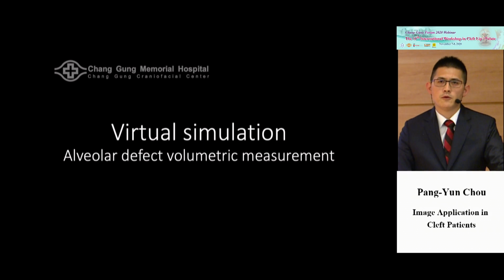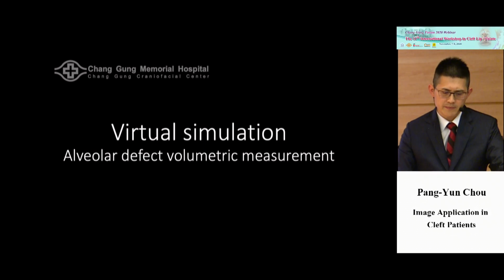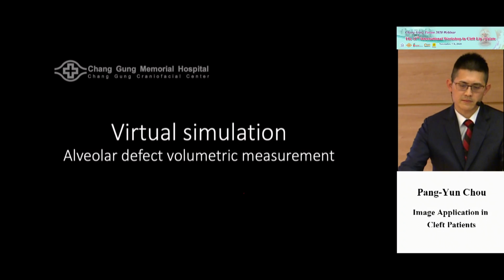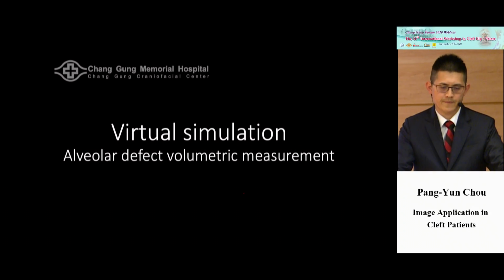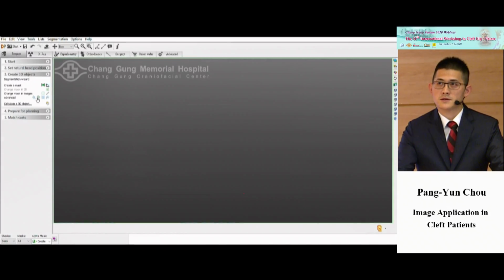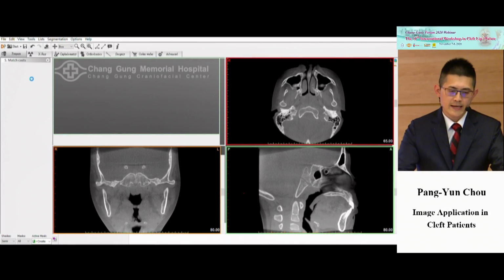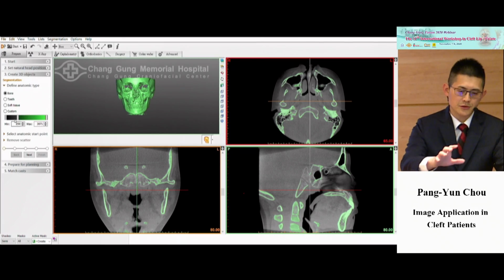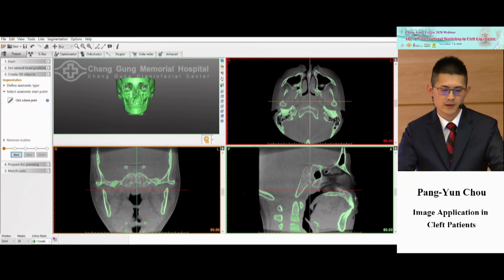So we use simulation to measure the alveolar bone defect. Okay, I have a small video we can check, a very quick video. We use the cone beam CT as our baseline and import it into the Simplant software.